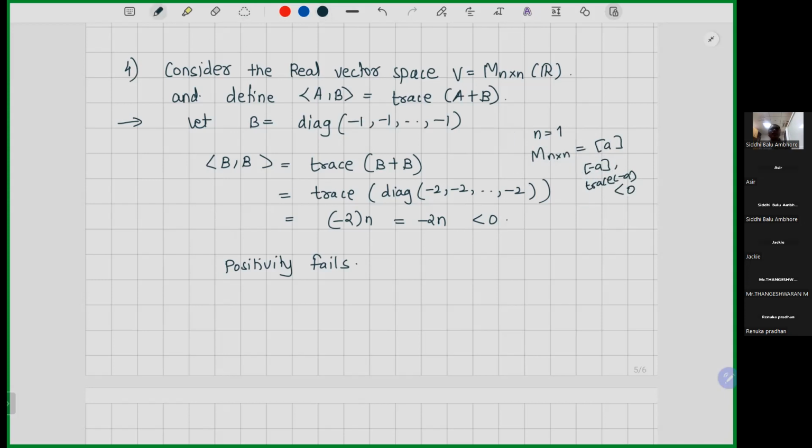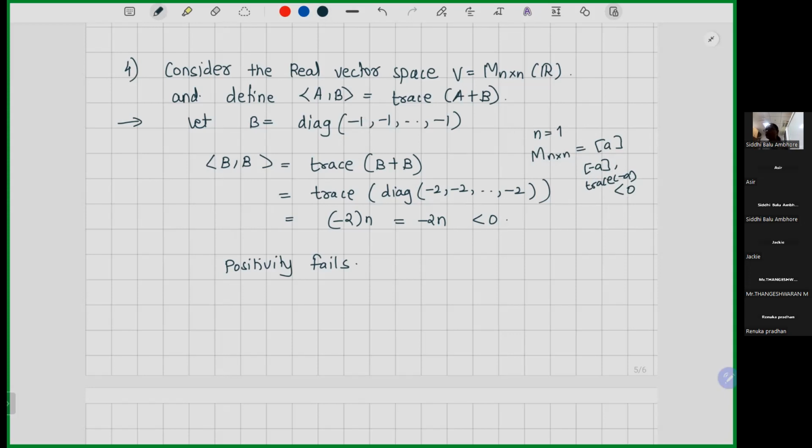This is for any given n, so I don't think this would create any problem. I can just take a diagonal of single minus 1, and then it still becomes minus 2, which is less than 0. As far as you find the counter example, and there is no condition on n given, you are good to go.